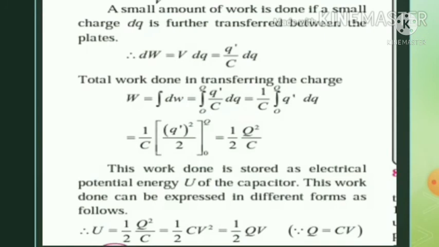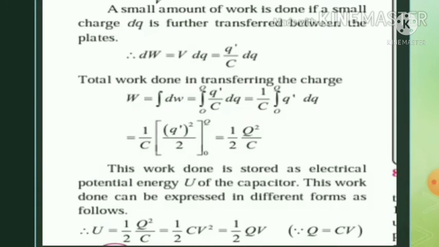But 1 upon C is a constant term, so taking it outside the integration, W equals 1 upon C into integration from lower limit 0 to upper limit capital Q of Q dash into dq.